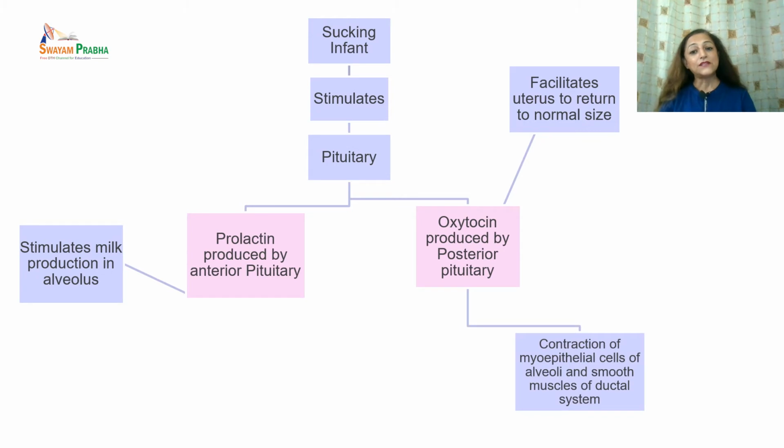And this also promotes the contraction of smooth muscles and the epithelial cells of the alveoli, so that the milk is released from the alveolus and the child is able to suck that milk.